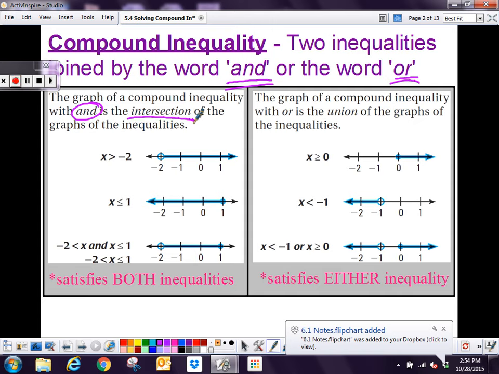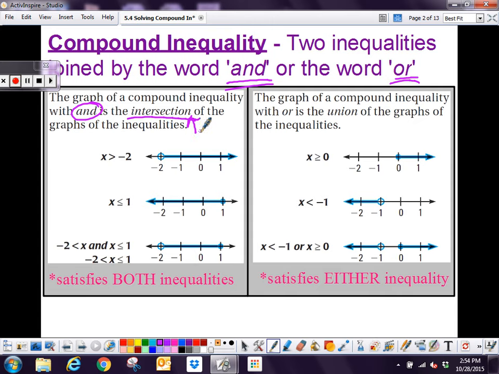So where are the graphs? If you were to put them on top of each other, where do they overlap? Okay, so you may even want, instead of intersection, you may want to write the word overlap, because that's what you're going to be looking for here. Okay, so if you look at this first graph, you see x is greater than negative 2. So we have this graph here, everything greater than negative 2.